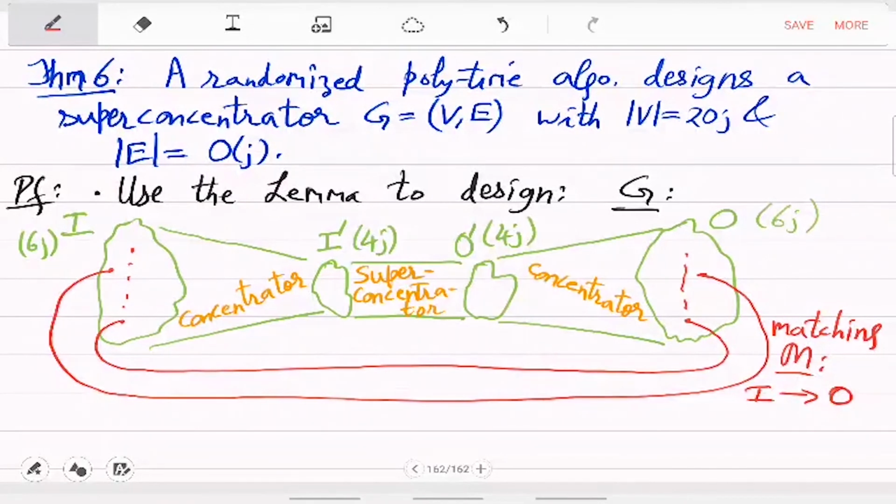And the claim is that this graph is a super concentrator from I to O. Okay, it's a recursive construction. So design this.